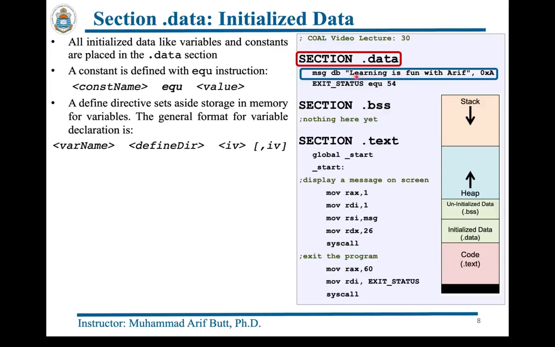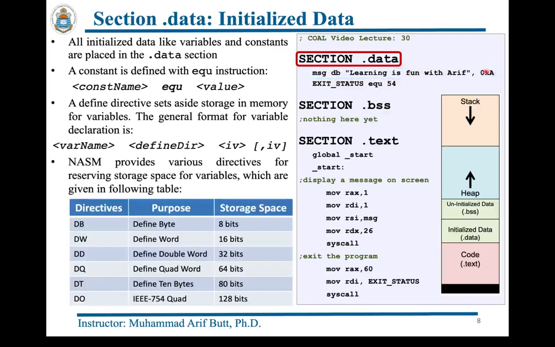So L is a byte, E is a byte, A is a byte, and so on. And at the end over here, this hex 0xA or decimal 10 is the ASCII of the newline character. And also note that the length of this string is 26 bytes, including this newline character.